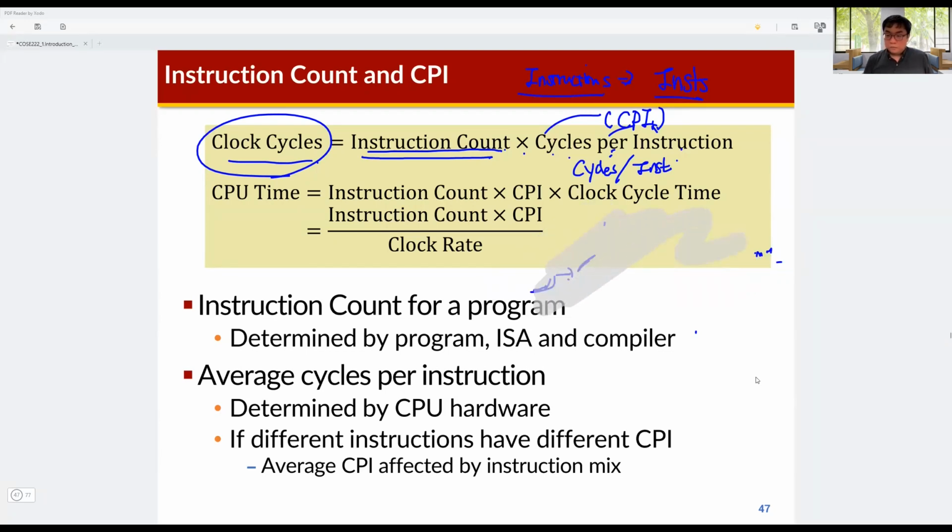So we can rewrite the CPU time as instruction count multiplied by CPI multiplied by clock cycle time. We can also write this equation as instruction count multiplied by CPI divided by clock rate.